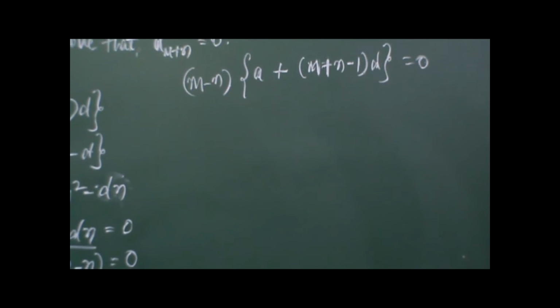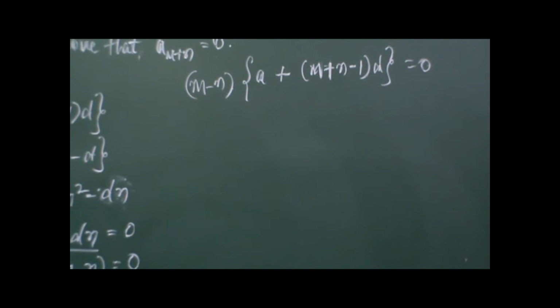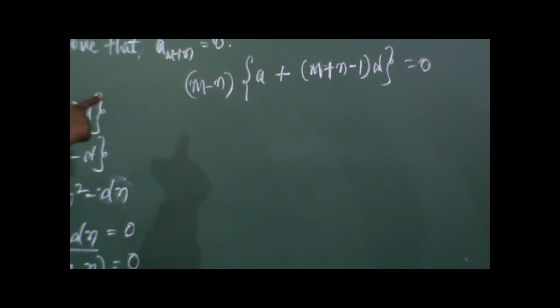So very important, you have taken M minus N as the common factor. So if you take M minus N out of here, the remaining thing is A, which I have written inside the flower brackets.